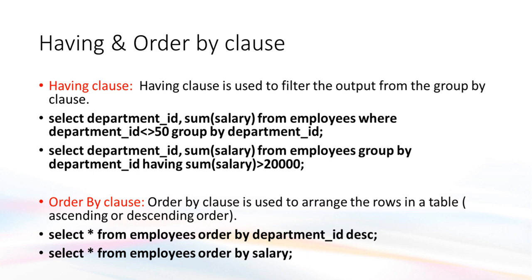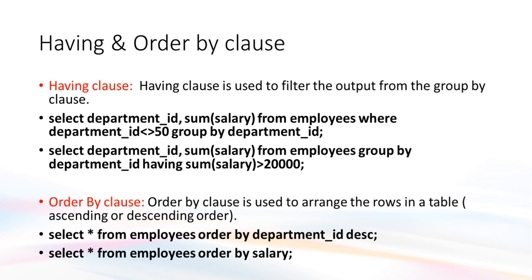There is no filter for that. Once we get all the department IDs and their sum of salaries, I want to apply the condition on sum of salary. I want to print sum of salaries greater than 20,000. So this condition will apply after getting the group result. But here, before getting the group result, the where condition will apply on department ID. That's the reason it will filter here itself first.